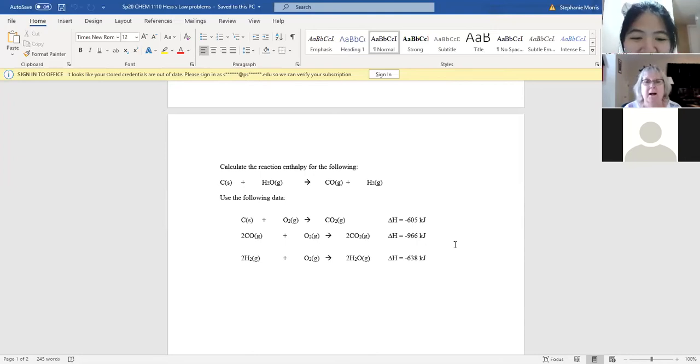Now, and one other little thing. Let's say that these numbers are given as kilojoules per mole. Sometimes they are. And you've solved your answer, and you know the overall reaction is 197 kilojoules per mole. If they wanted you to figure out just the heat of a particular reactant, you would use the coefficients to figure that out.